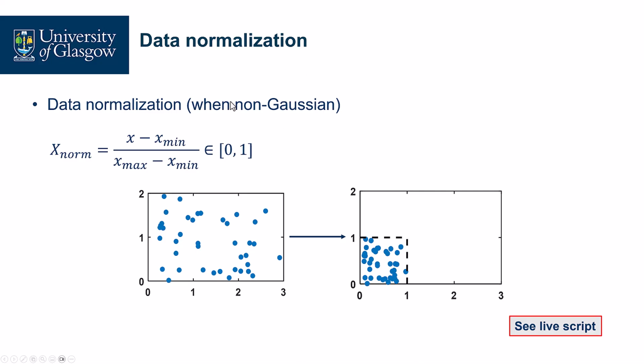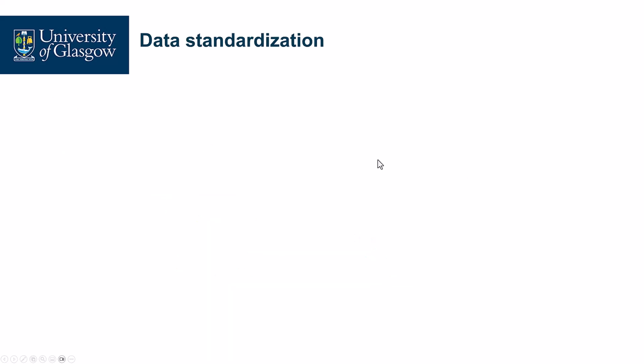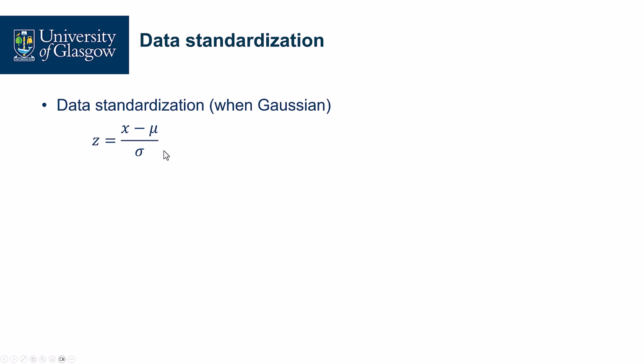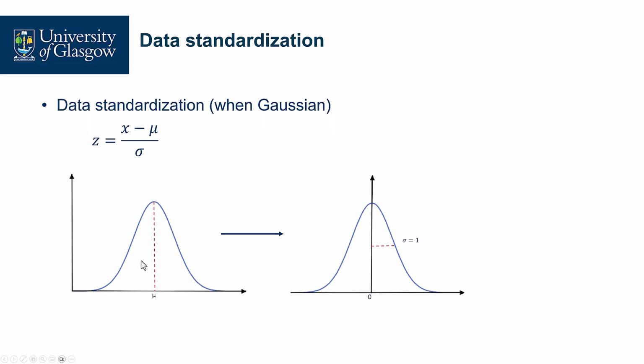So normalization is for non-Gaussian distributed data. If we go to Gaussian distributed data, we call it standardization. What is the formula? We can see it here. This is the z-score, right? The z-score will change Gaussian distributed data with any mean mu and standard deviation to data with 0 as the average and a standard deviation of 1.